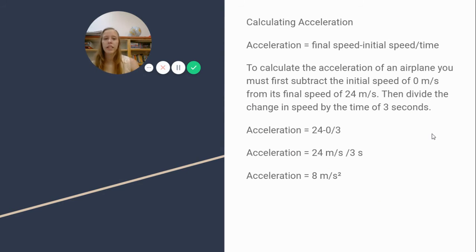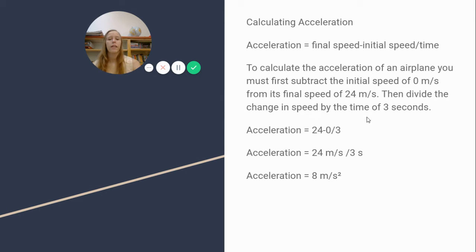So how do we calculate acceleration? Acceleration equals final speed, what speed it ends with, minus the initial speed, what speed it starts with, divided by time. For example, we have an airplane that takes off, starts with an initial speed of 0, and its final speed is 24.